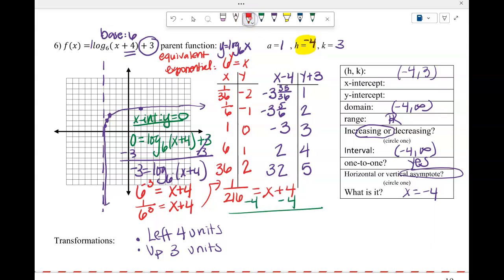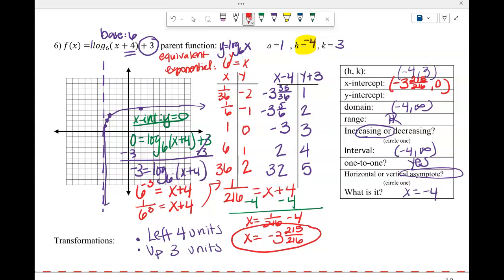So we have x is 1 over 216, take away 4, so that's going to be negative 3 and then 215 over 216. So that's your x-intercept. Write it in. Negative 3, 215 over 216, comma 0.